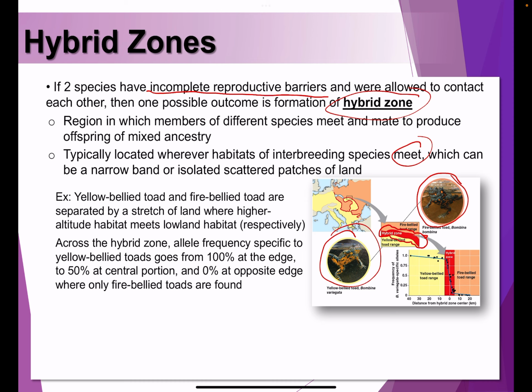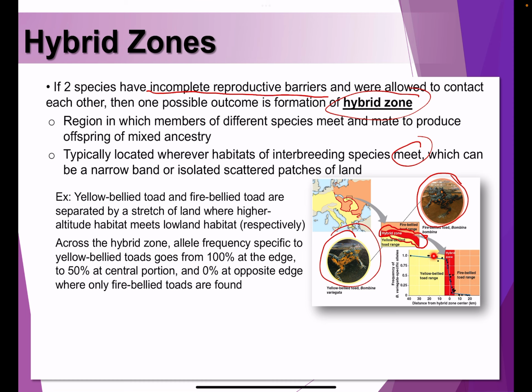So the allele frequency specific to yellow-bellied toads goes from 100% at the edge of this highland altitude area to about 50% in the middle of the band, to 0% when we get close to the fire-bellied toad lowland habitat area.